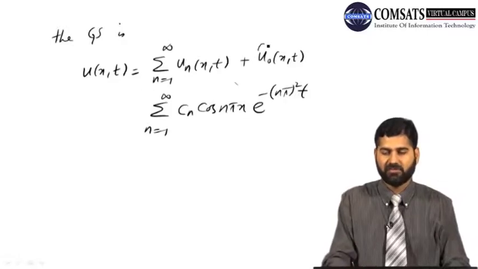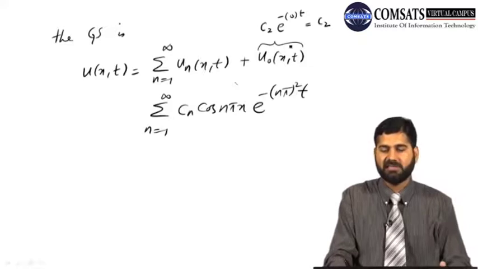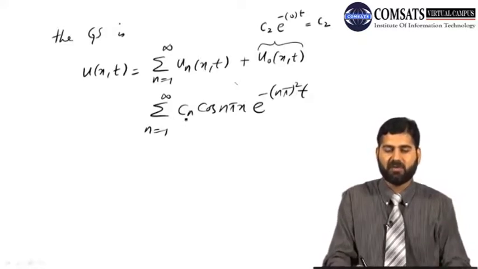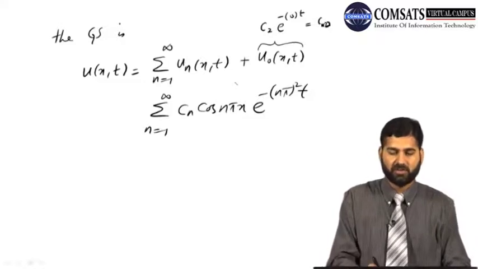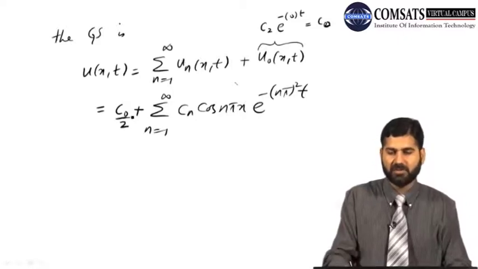So this only gives me a constant here, c2, and e to the power minus lambda t with lambda 0, so it's just a constant. So I can call it c naught, because I'm calling c1, c2, c3, and so on. So it is c naught plus this. But if you want to write the whole series, I can call it c naught by 2.